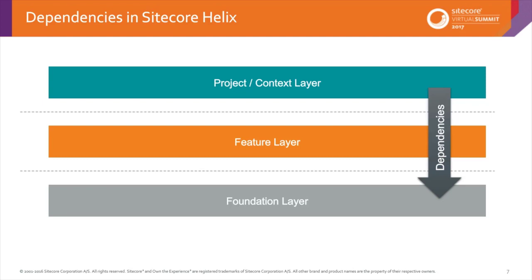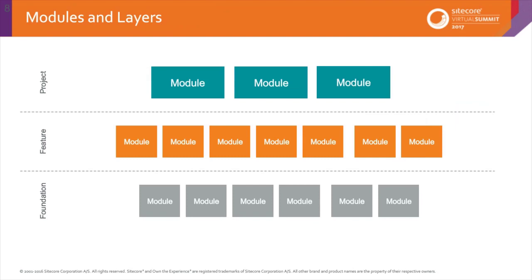So everything in Helix is a module, and no implementation can exist outside a module. The modules are defined by a single responsibility within the business domain, or as you could also call it, a single intent, a single purpose within the business domain.